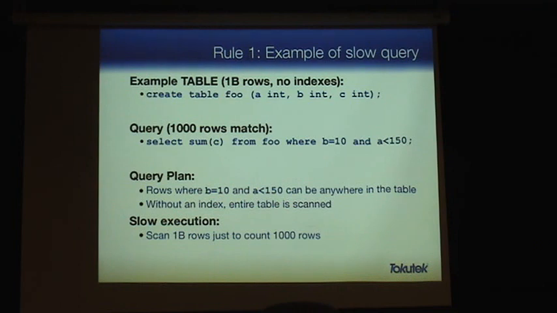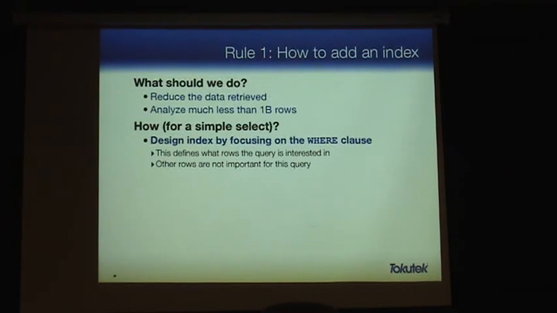I said as an example here that the table has 1 billion rows, so it's going to scan all 1 billion rows, and it's going to filter out just the 1,000 rows you care about. Well, this is very slow execution because you're reading 1 billion rows just to get information about the 1,000 rows you care about right there.